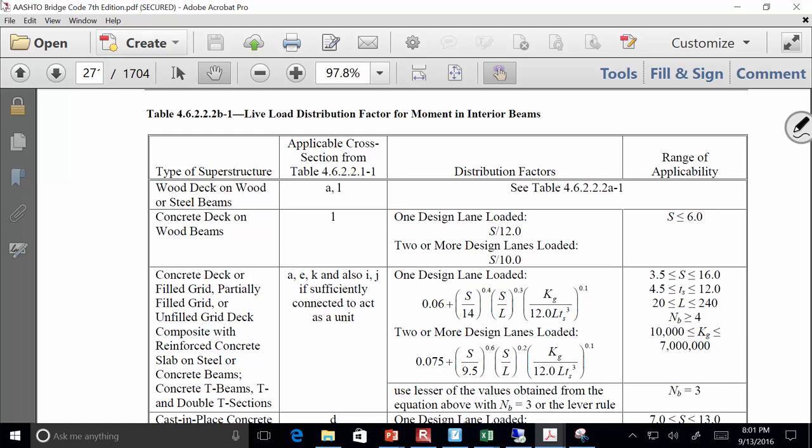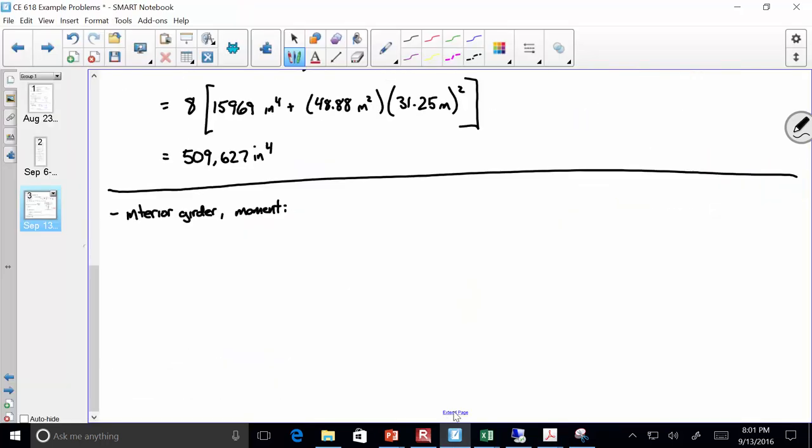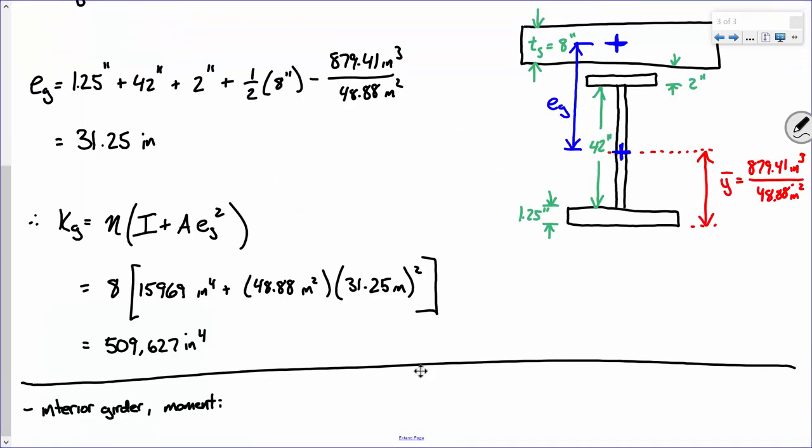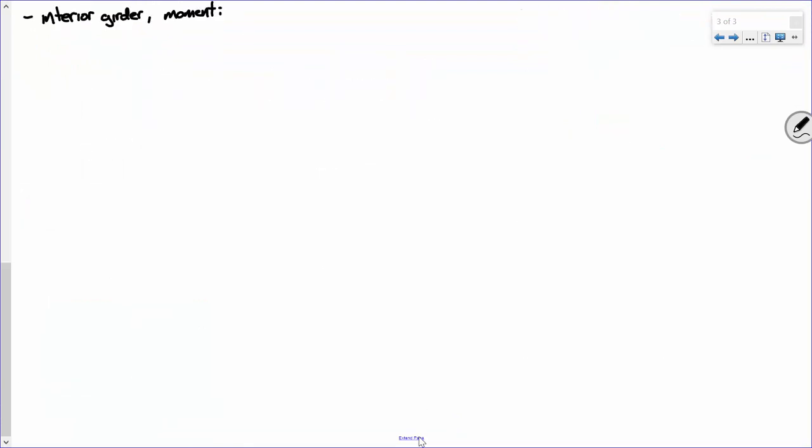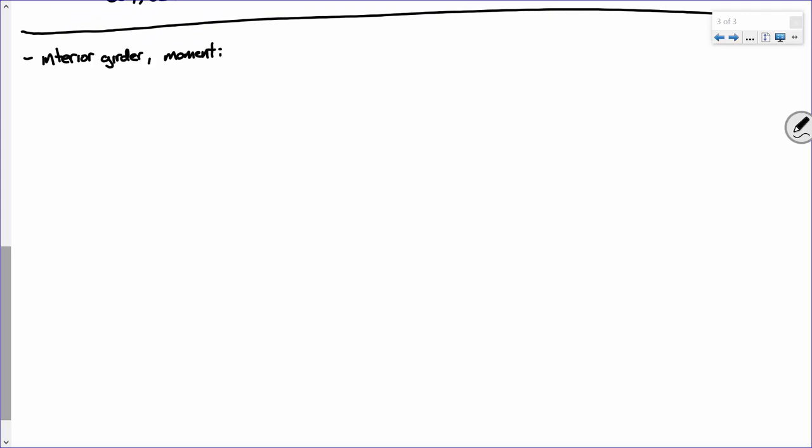All right. So if you want, some people use G for distribution factor. Some people just use DF. No big deal.